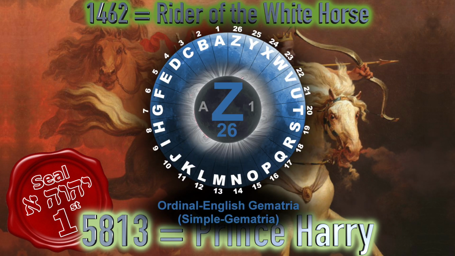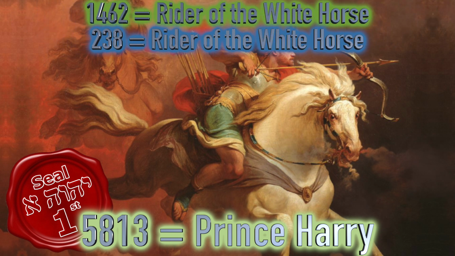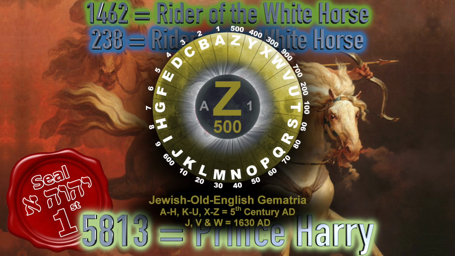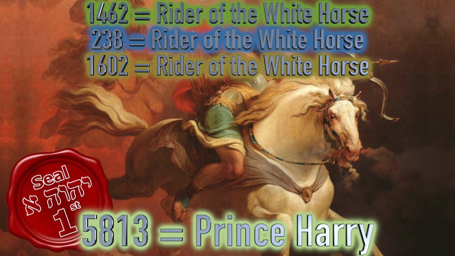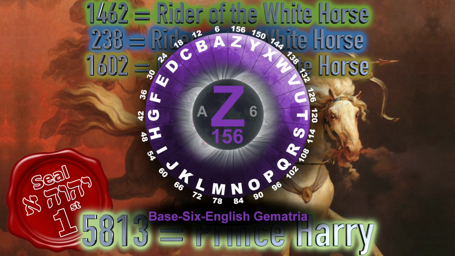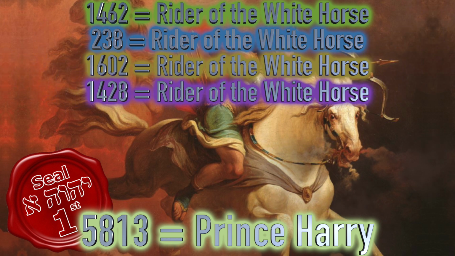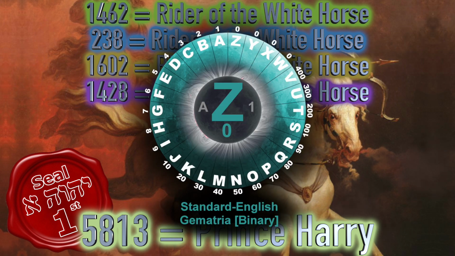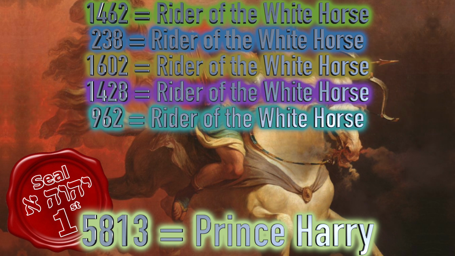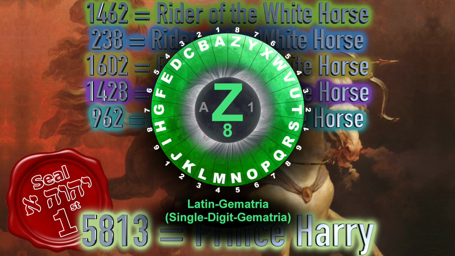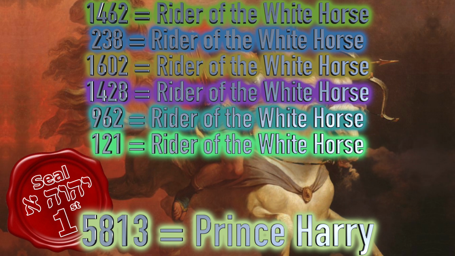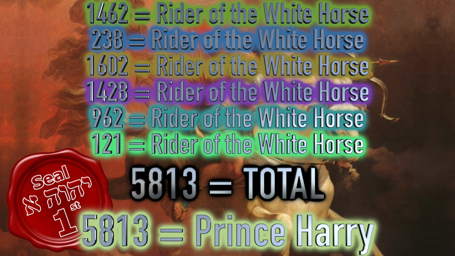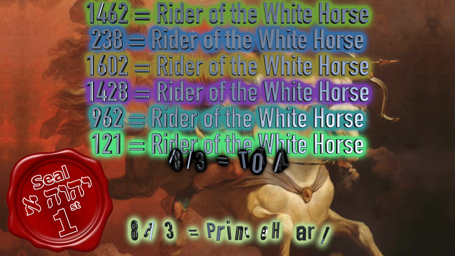And using Ordinal English Gematria, it equals 238. And using Jewish Old English Gematria, it equals 1,602. And using Base 6 English Gematria, it equals 1,428. And using Standard English Gematria Binary, it equals 962. And using Latin Gematria, it equals 121. If we add these numbers up together, we get 5,813. A detailed explanation of each Gematria type can be found at the end of this video.